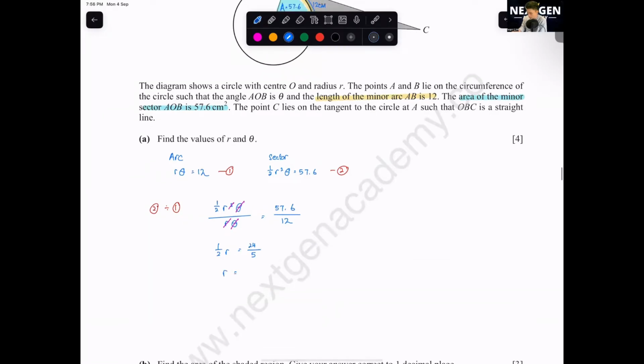Then R will be equal to 9.6, 24 over 5 times 2. Sub it into 1. Sub your R into 1: you get 9.6 theta equals 12. Theta will be equal to 1.25.